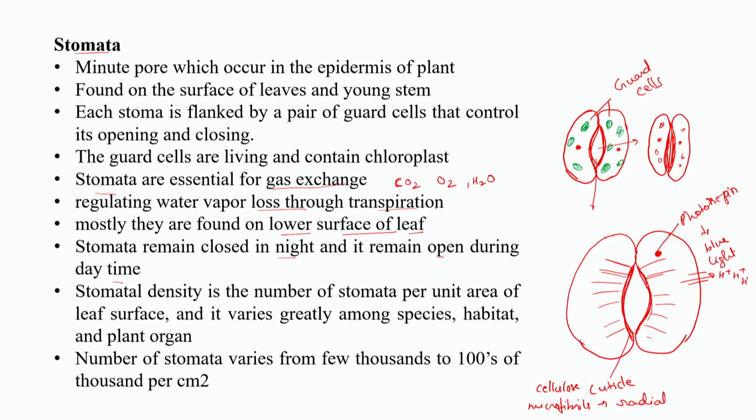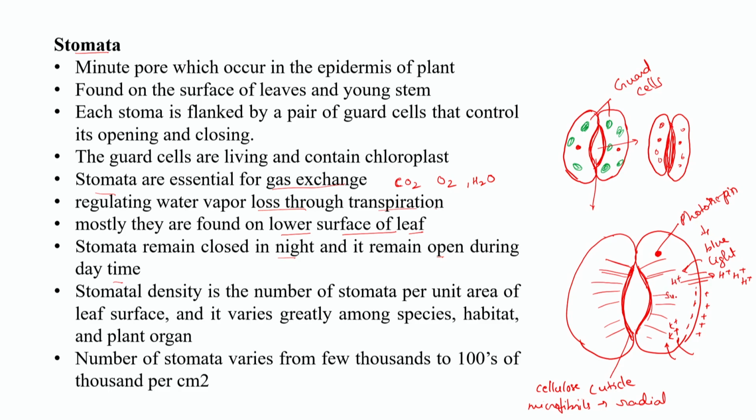Once these protons, positive ions, are pumped outside, a negative potential is generated on the inner membrane side. Because of this negative potential, a lot of potassium ions and nitrate ions come and accumulate here. H plus ion also comes and accumulates here.